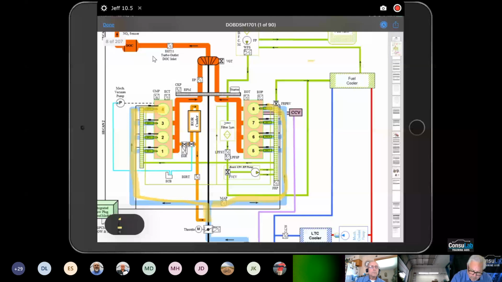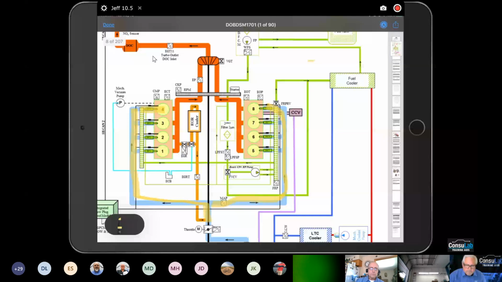I'm going to move my screen. Let's take a look at the rest of the system as we go through. So diesel oxidation catalyst comes up, and we've got some sensors here we're going to talk about. We'll go all the way up and head out through the system.